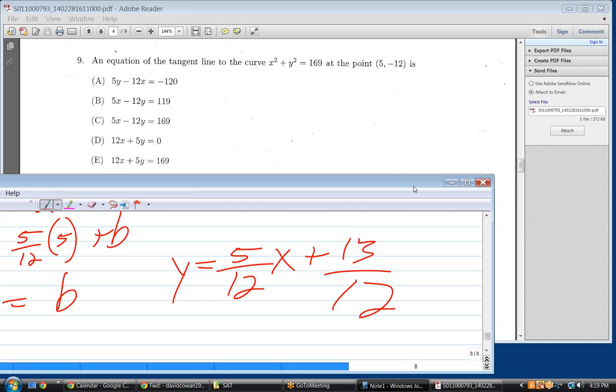So I have to multiply everything by 12. Yep. So, negative 5x plus... so I have 12y equals 5x plus 13. I think it's... Where did I miss the square here? Why is it 13 squared?